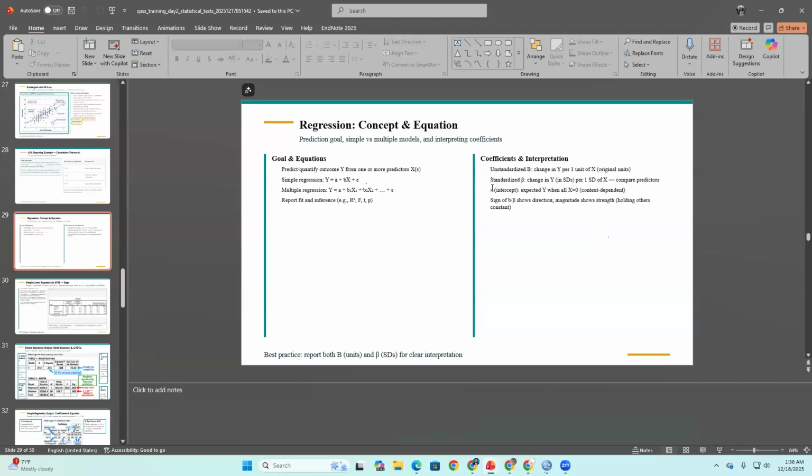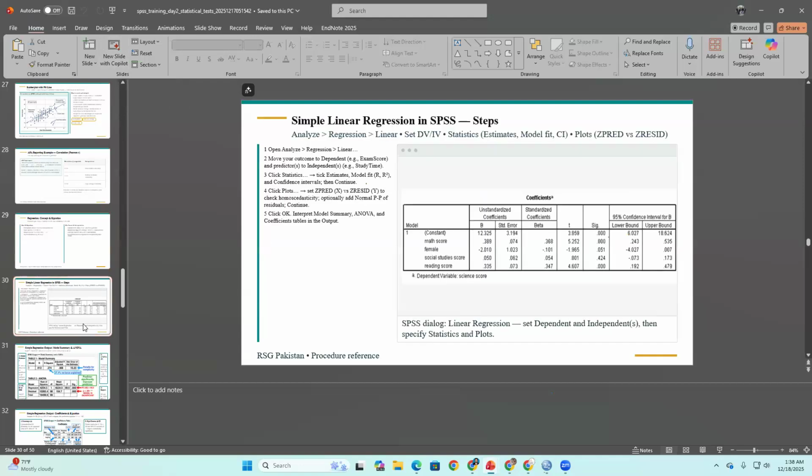You can see that the simple regression is y equals a plus b x plus epsilon. Basically, most of the time you might have seen that equation as mx plus c. So let's see how we can perform regression analysis in our software.